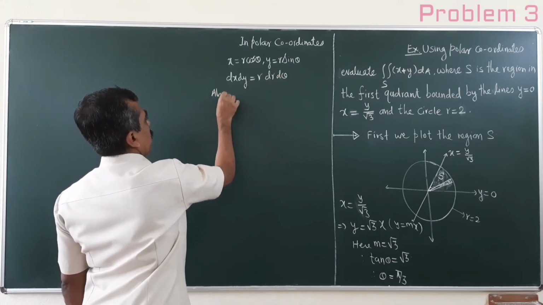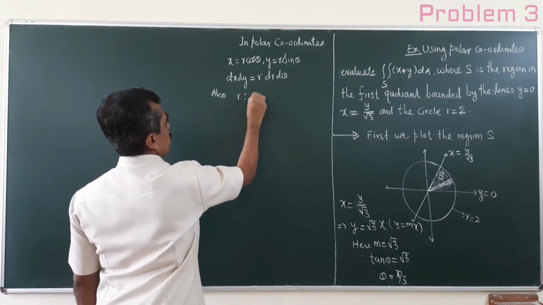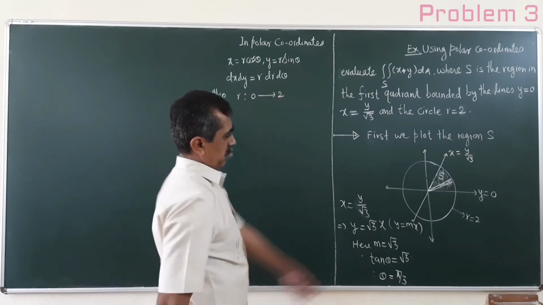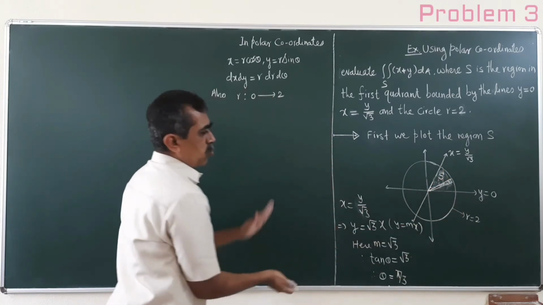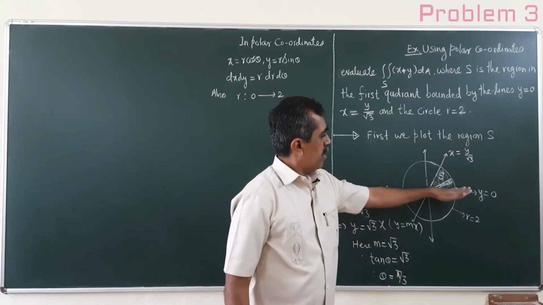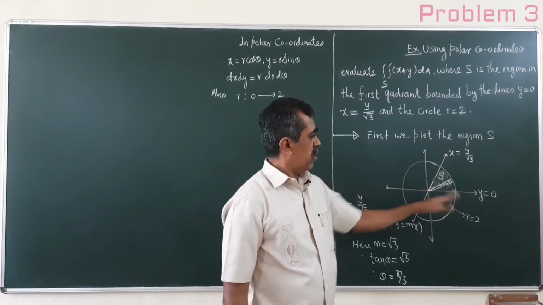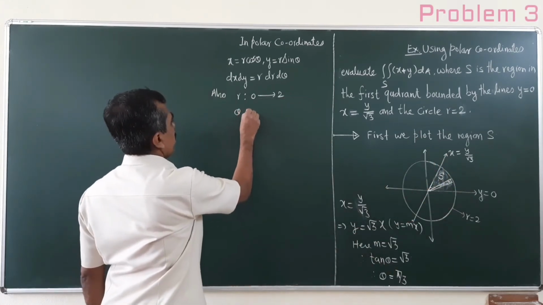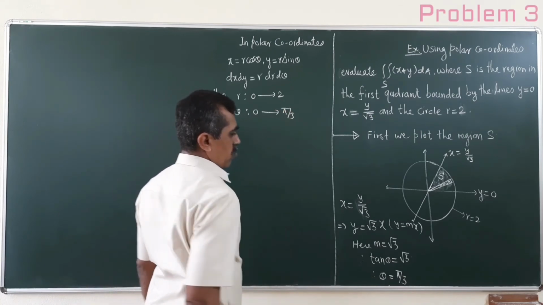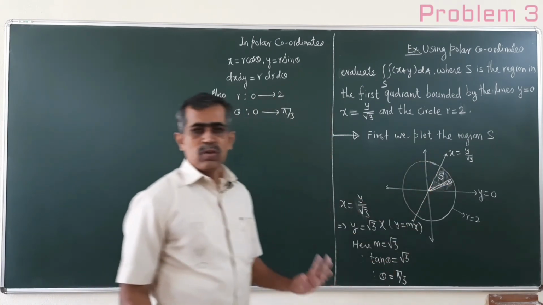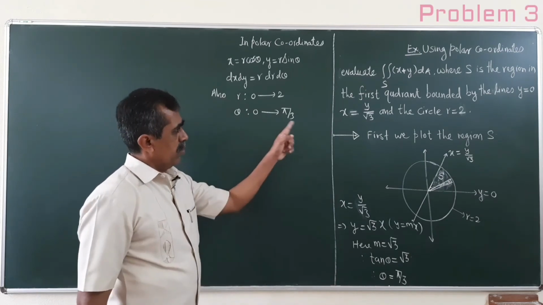Also, what are the limits of r? R runs from 0 to 2, the radius of the circle, and theta varies from 0 to pi by 3. Thus you have both the limits of r and theta.